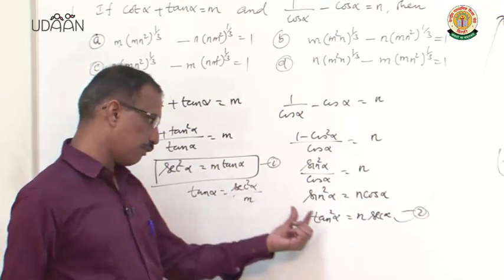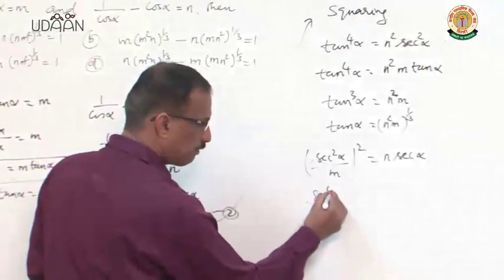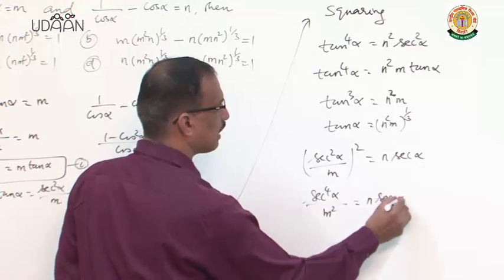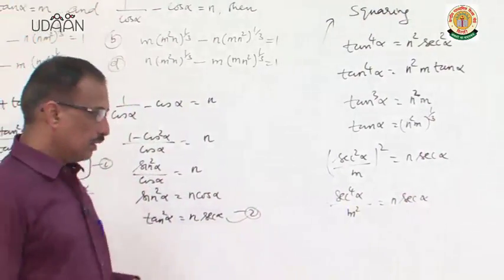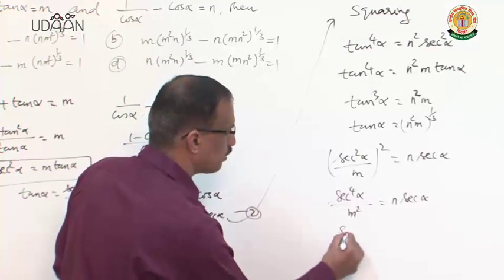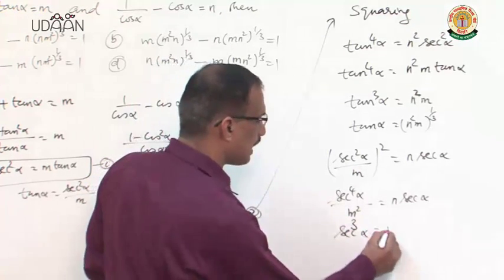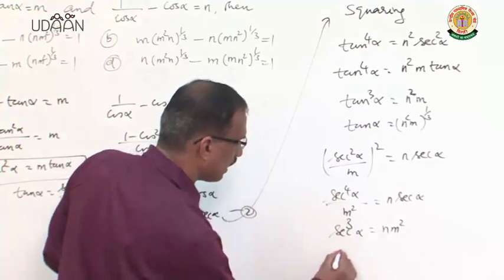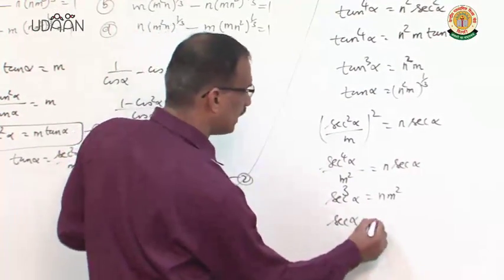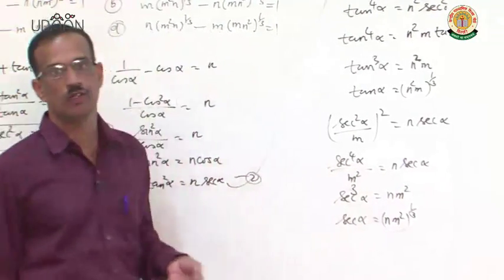This value if you substitute here, you get sec power 4 alpha by m squared equals n sec alpha. Again cross multiply and sec alpha can be cancelled. So, you get sec cube alpha equals n m squared. So, sec alpha equals n m squared power 1 by 3.